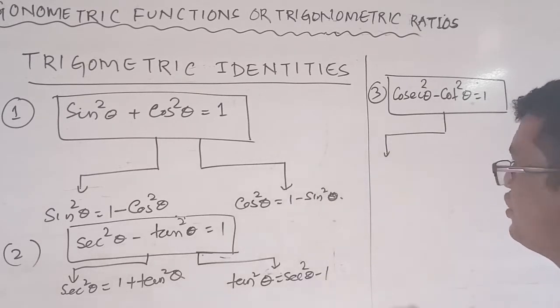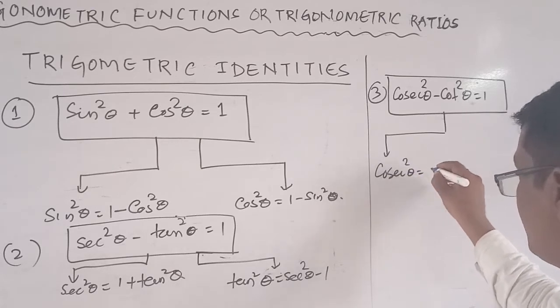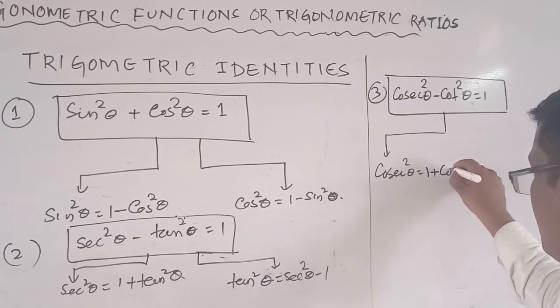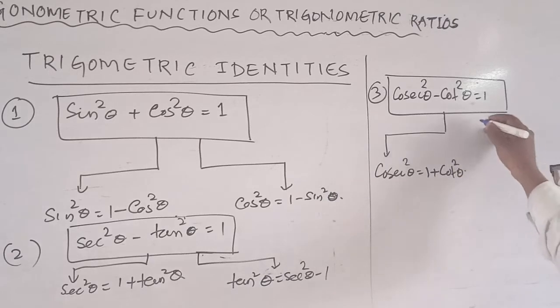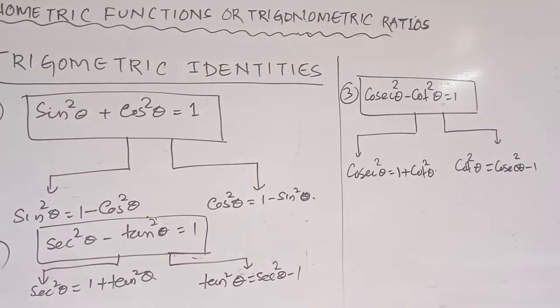From this cosec square theta is equal to 1 plus cot square theta, and cot square theta is equal to cosec square theta minus 1.